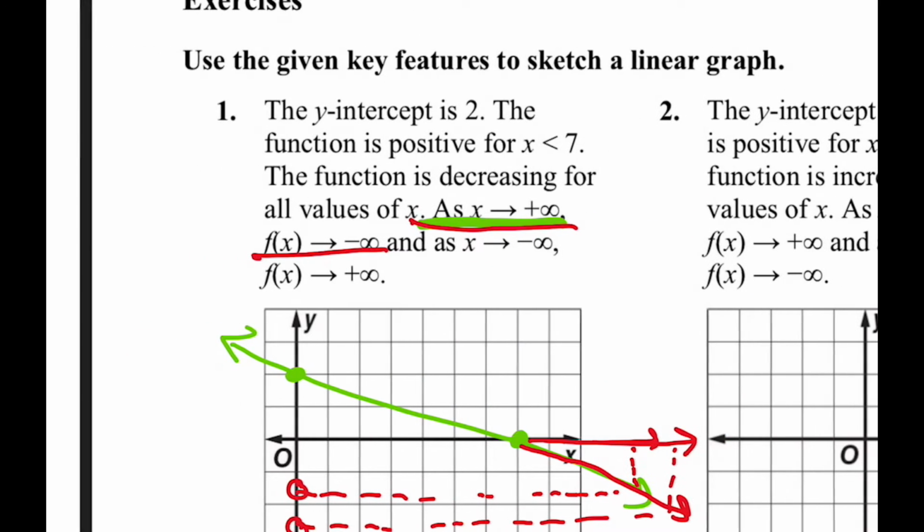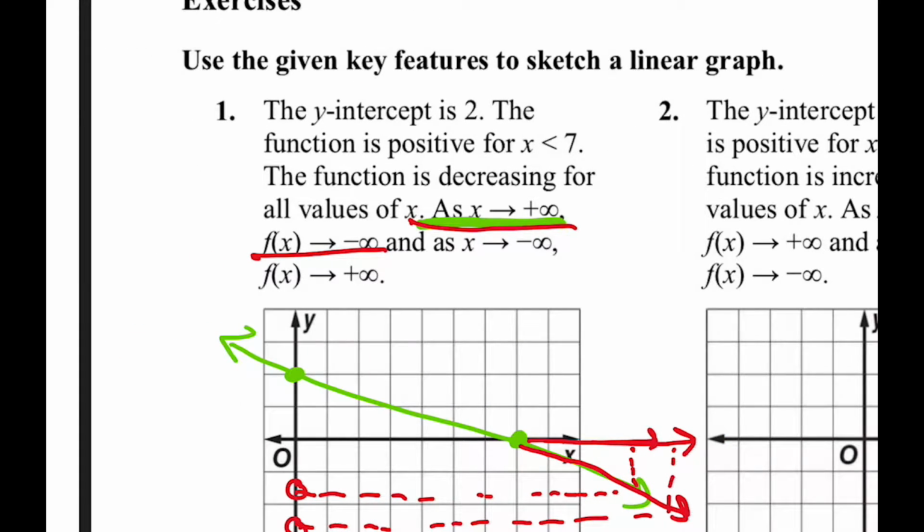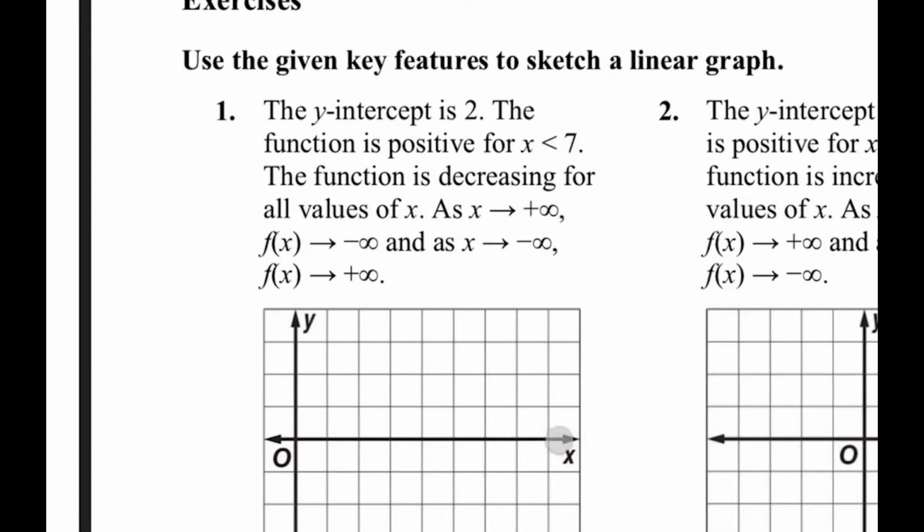Okay, and just for good measure, let's confirm the other side of this. Let me erase this, so let's confirm it. So here it is, as x approaches negative infinity. Oh, I erased my line. I need that. Let me go back to that. So what would it be? Right here. It's 8, 7. So there's my line, right?